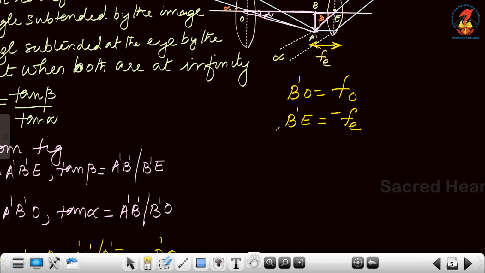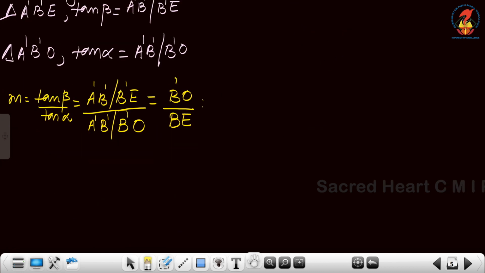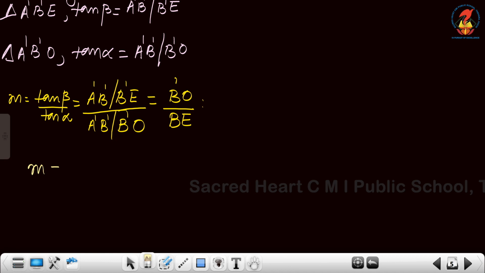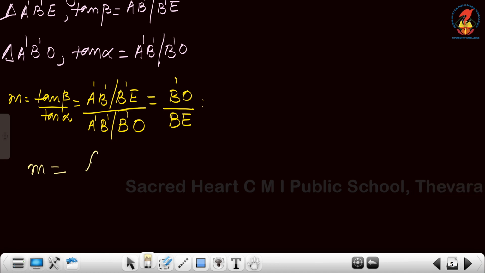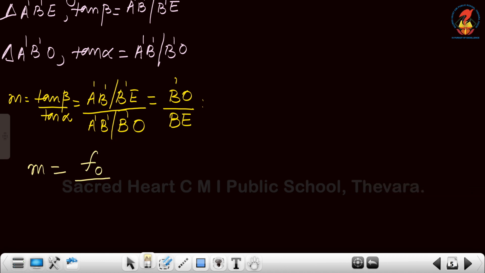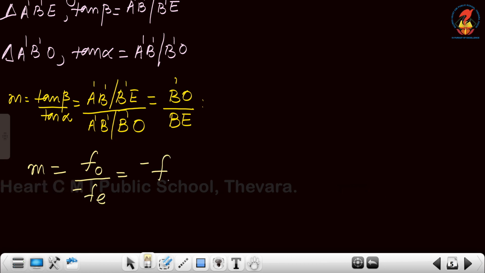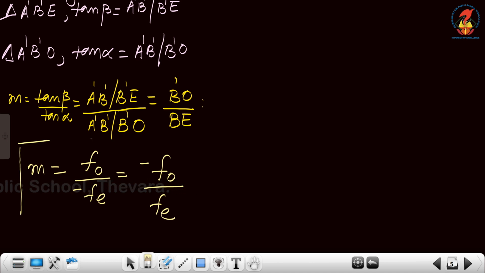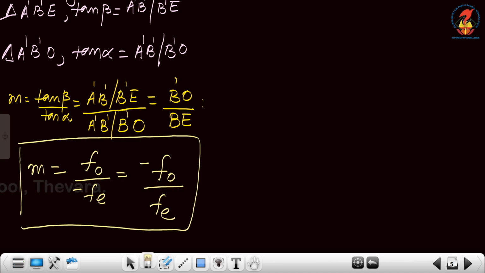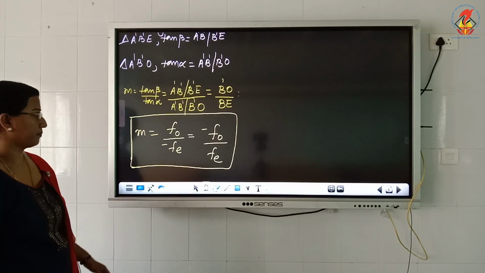So we can apply the value of B dash O and B dash E in the equation. We get M is equal to B dash O, which is F0, divided by B dash E, which is minus Fe, is equal to minus F0 by Fe. This is the expression for magnification of a telescope in normal adjustment.